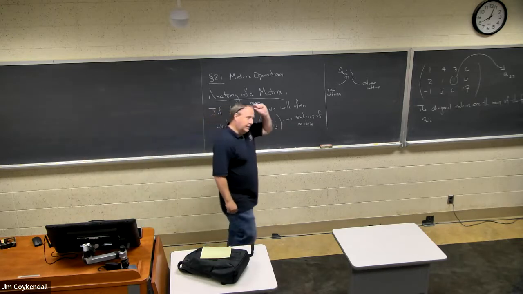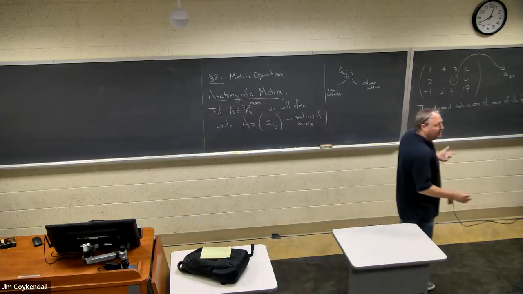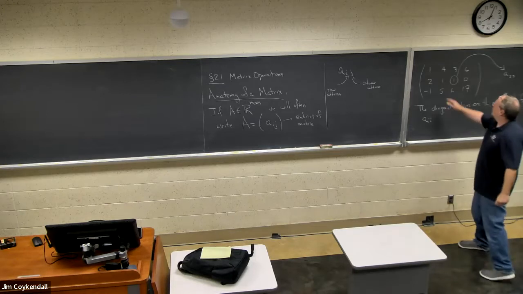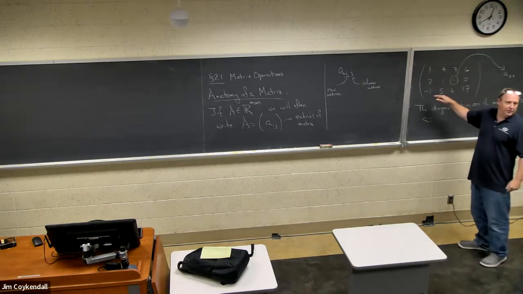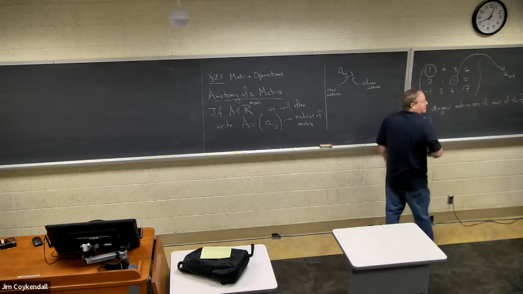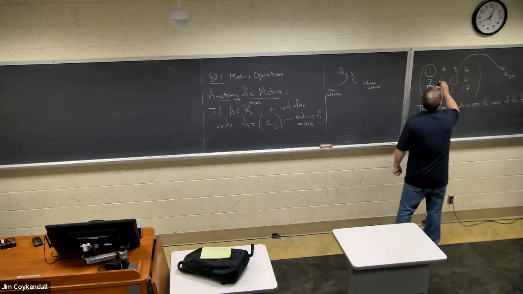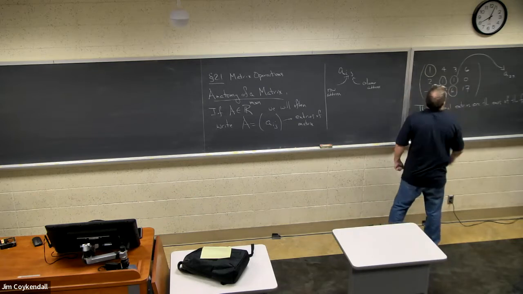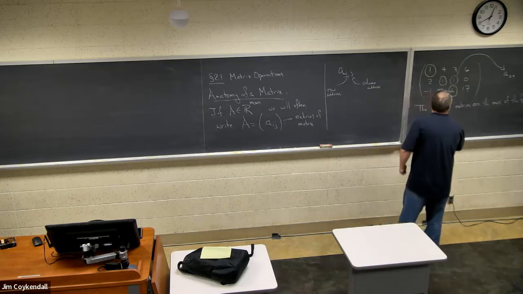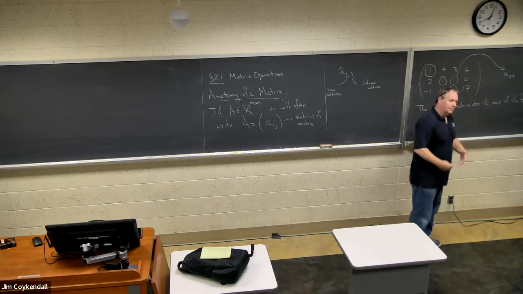Now, diagonal entries are most interesting in actual square matrices, and that's what we focus on most. However, diagonal entries are defined for any matrix. Notice this matrix is not square because it's got more columns than it's got rows. But the diagonal entries are A11, A22, and A33. There is no diagonal entry in the last column because it's not square.